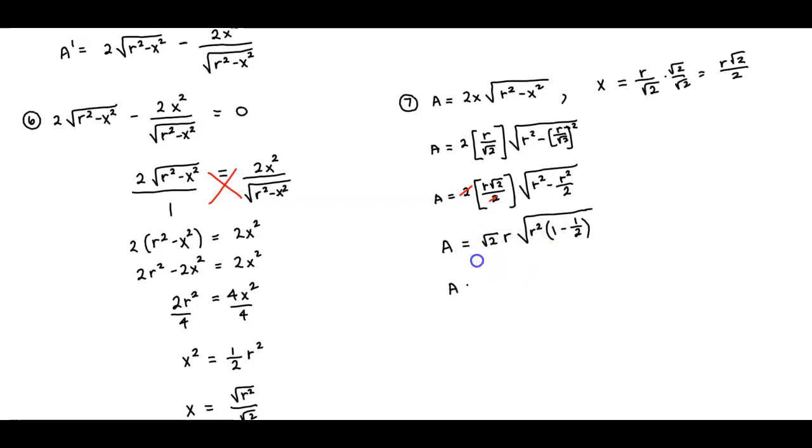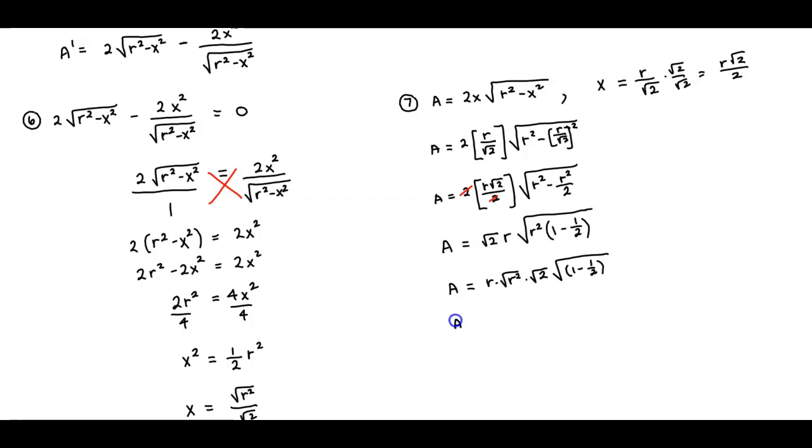So that means we're going to have r times the square root of r squared. We know the square root of 2 can now be multiplied by the square root of 1 minus 1/2.